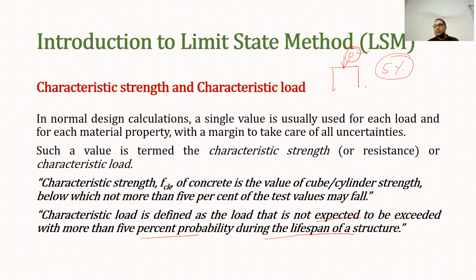Now, what about the 5%? Because we know there is a probability of 5% that it may exceed. In that case, we introduce a factor which is called the safety factor. Similarly, in the case of characteristic strength, as I said, at least 95% of the sample should conform to the design strength or the given value of the strength.